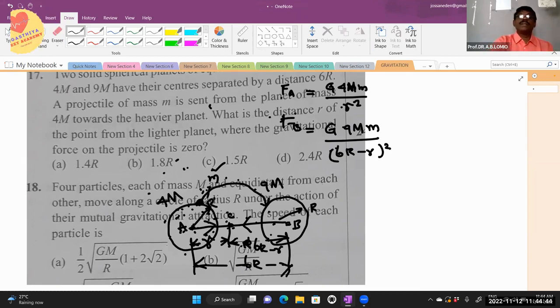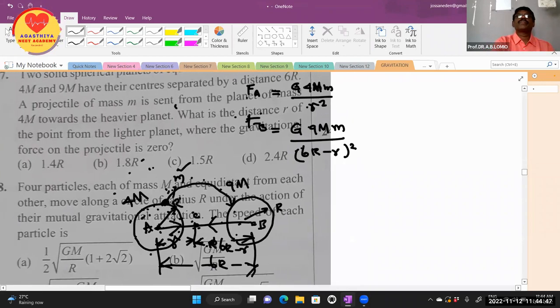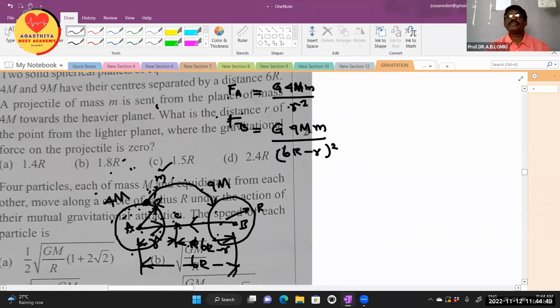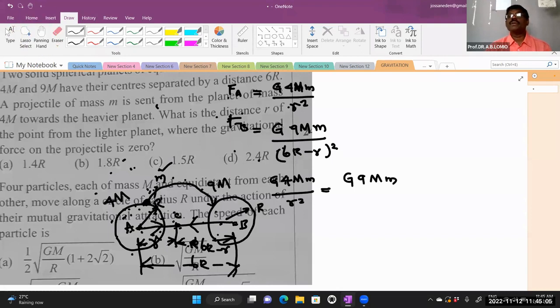Now let us equate the two forces. On the left-hand side, capital G capital M small m divided by r squared. On the right-hand side, capital G 9 capital M small m divided by (6r minus r) whole square.